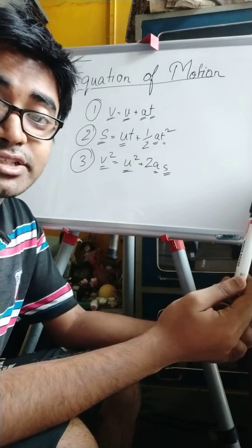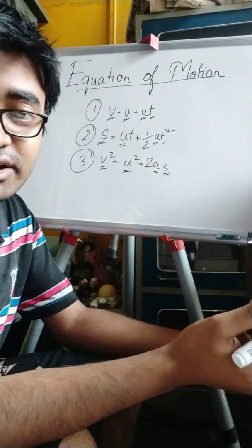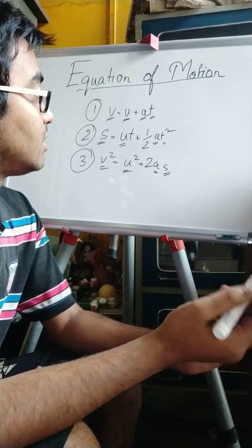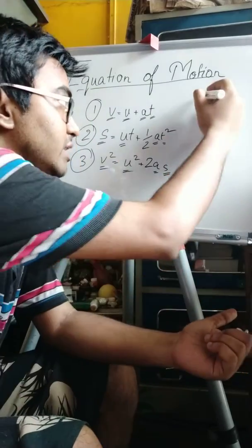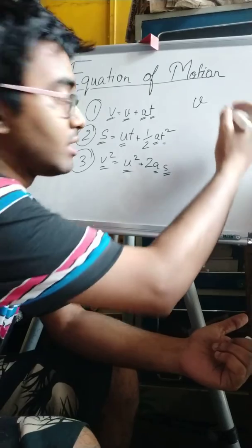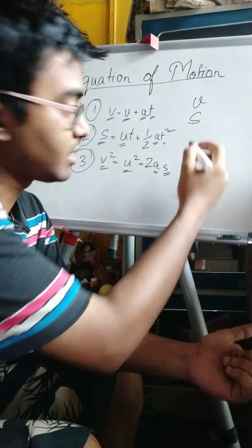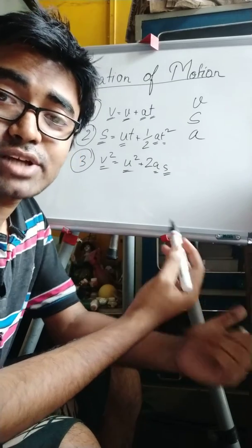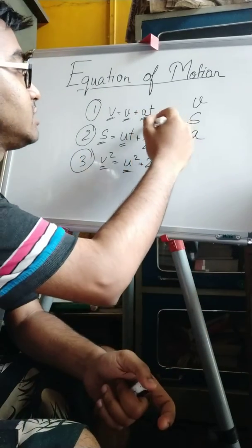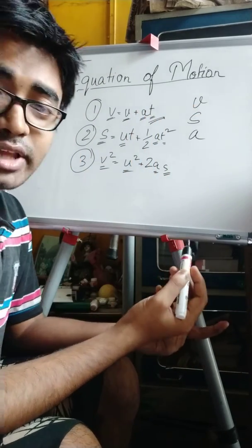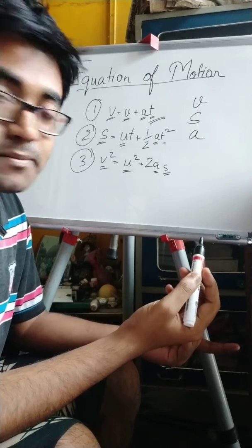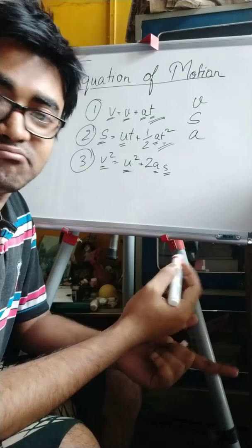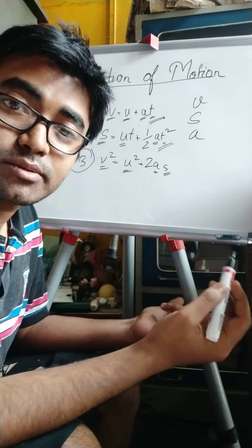The right strategy will take you to the right result. Now, if in a question you are given distance, an initial velocity, and an acceleration, you will have to use the correct strategy. If you use the wrong strategy, you may not get the result quickly, or you will not get the right solution.